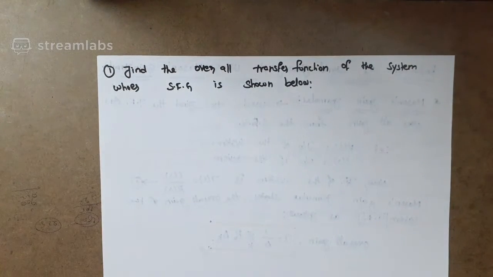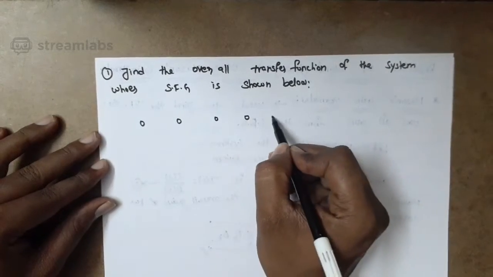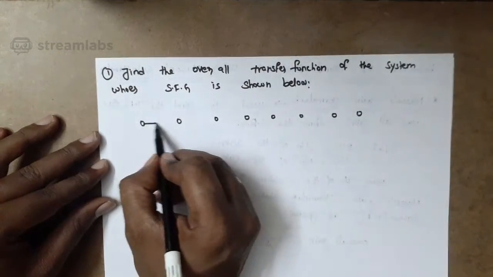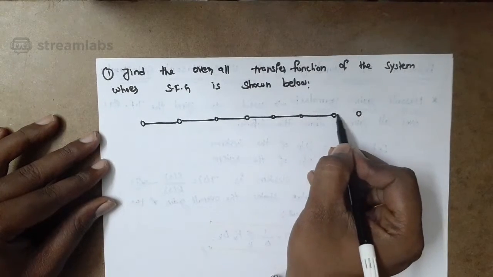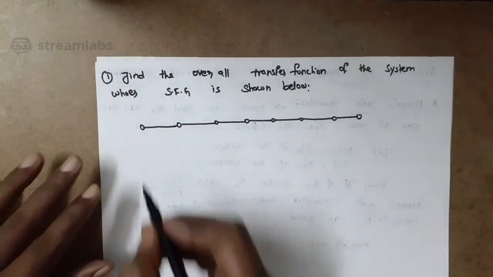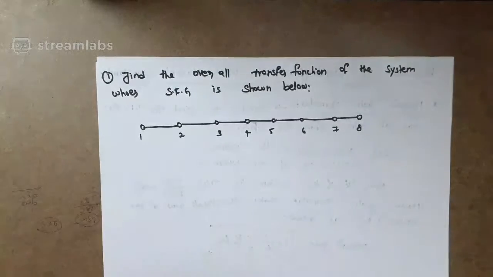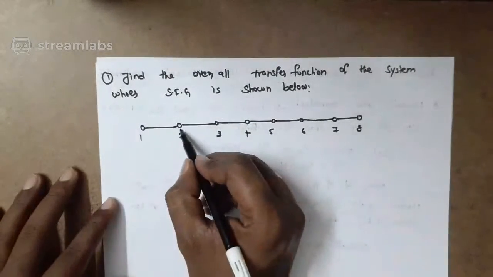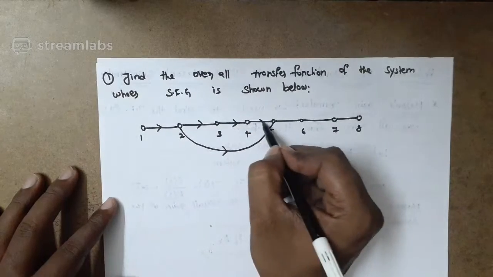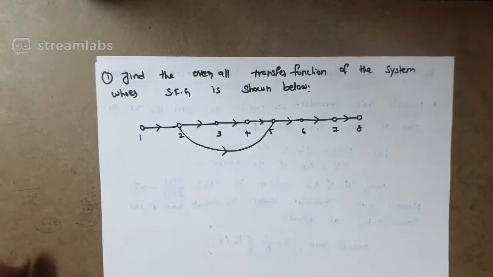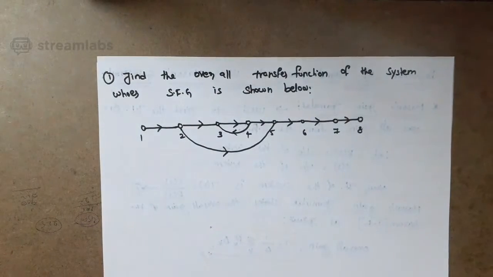Let us take 8 nodes: 1, 2, 3, 4, 5, 6, 7, 8. 2 to 5, 3 to and 3 to 5.